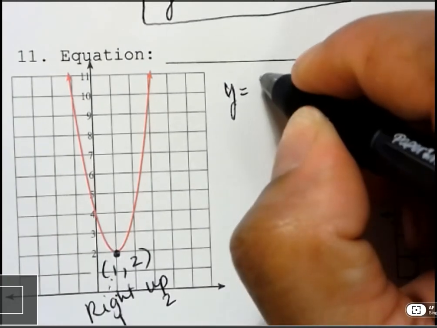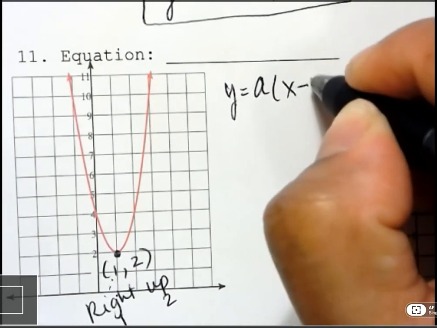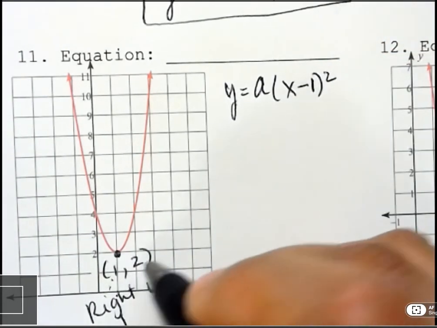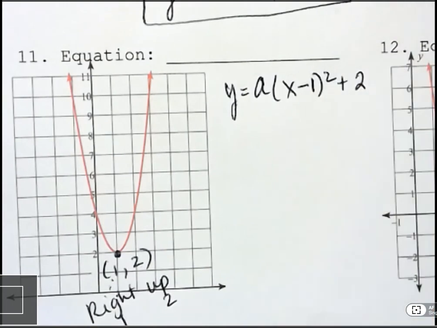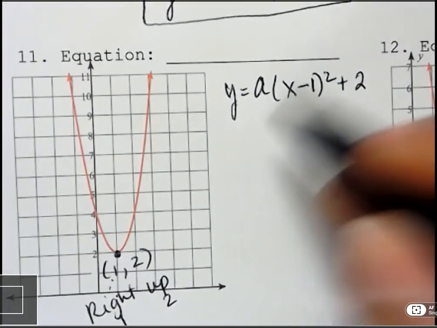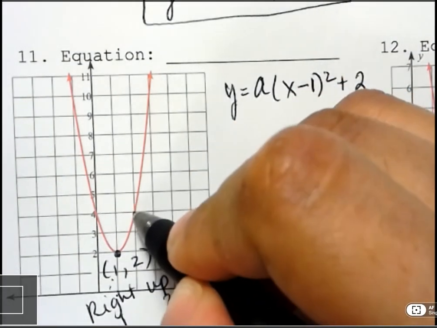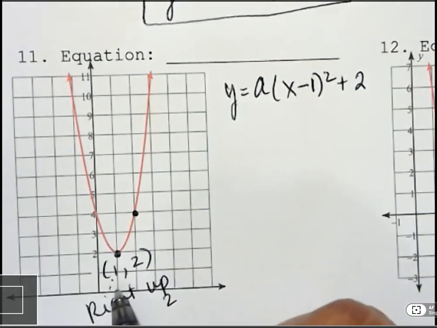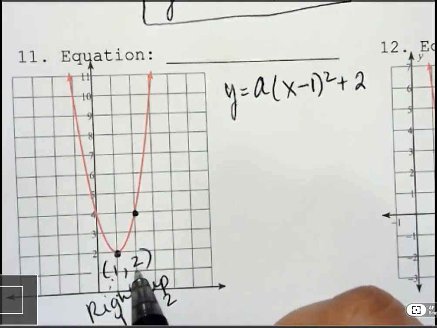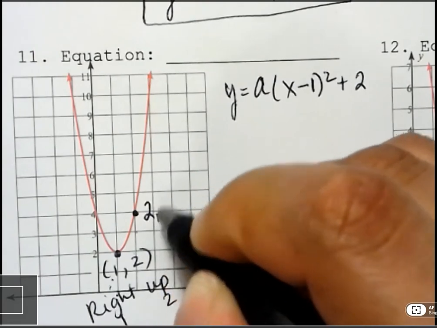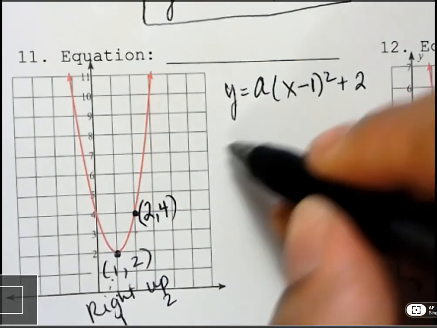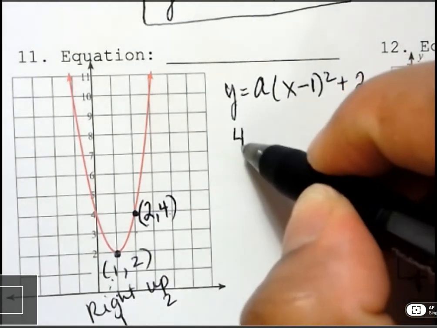We're going to put it in as x minus 1. And then the 2 is the k, so that's going to stay. Okay, plus 2. Now you're going to go find a point. And this point happens at (2, 4). So x is 2, y is 4.